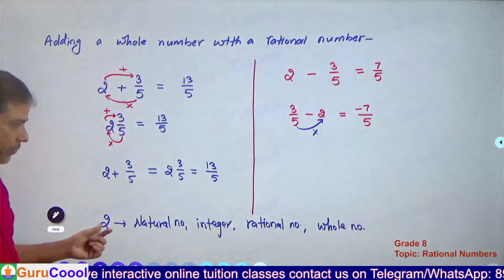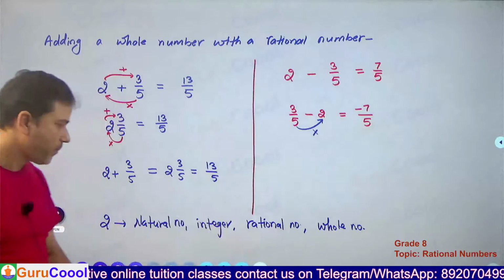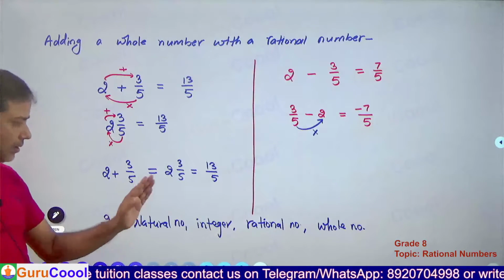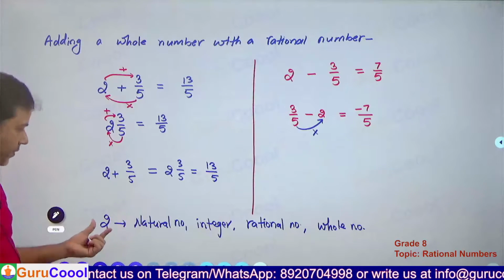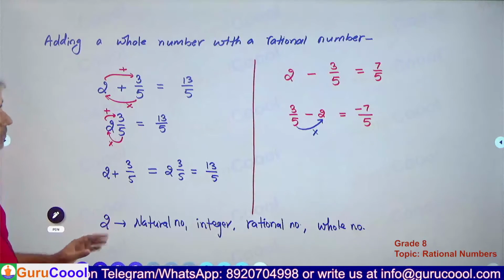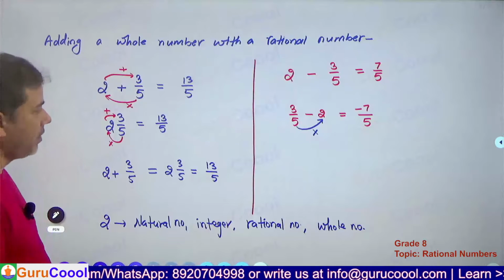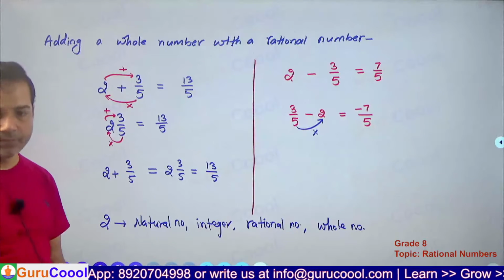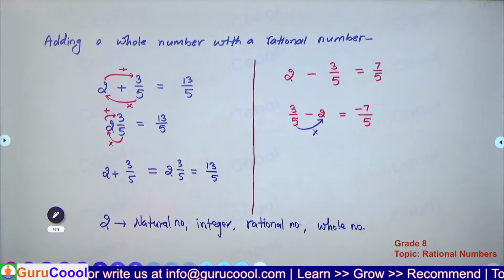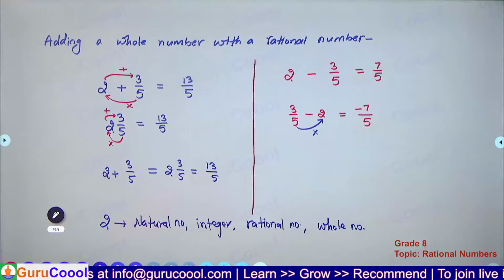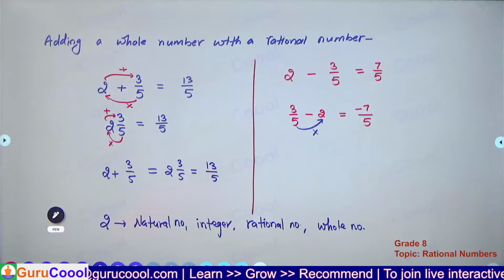This number falls in all these categories. This is a natural number, integer, rational number, whole number, everything. This falls in all the categories. It is also a fractional number. Sir, 2 is also a fraction. Yes.